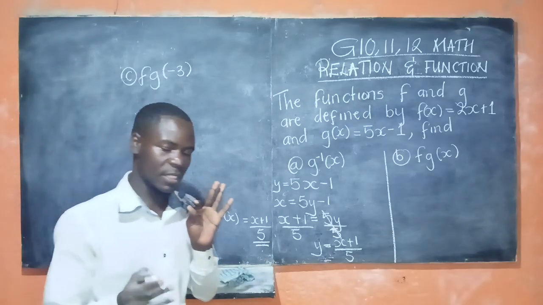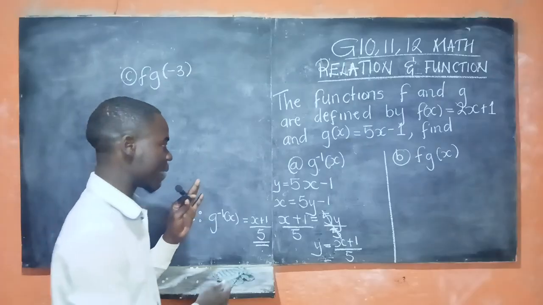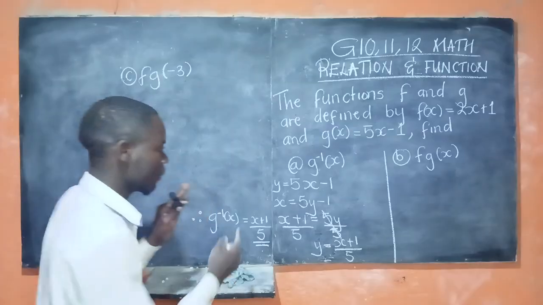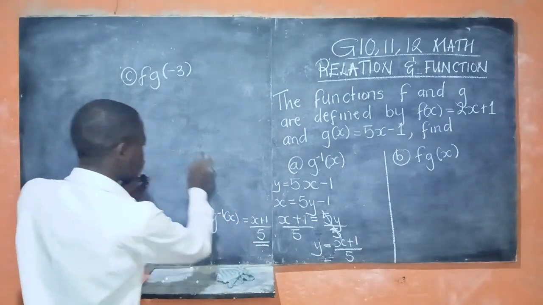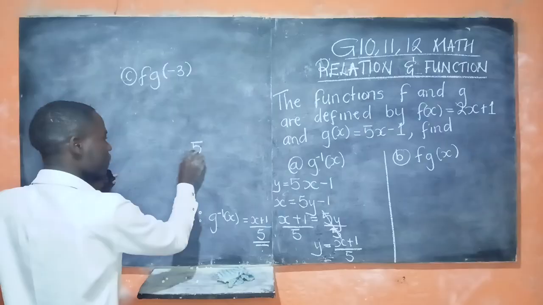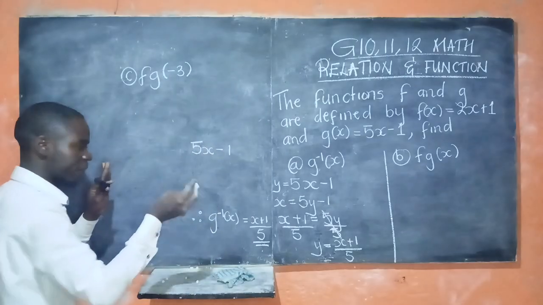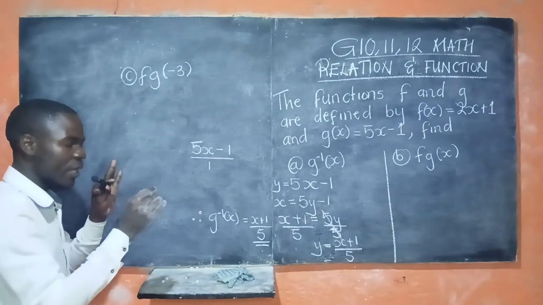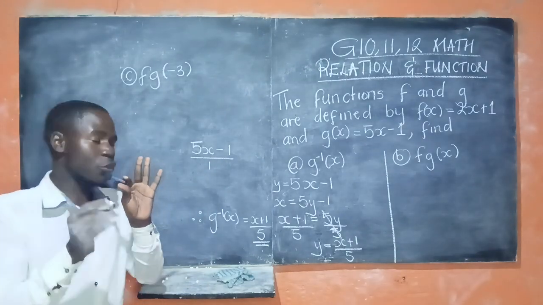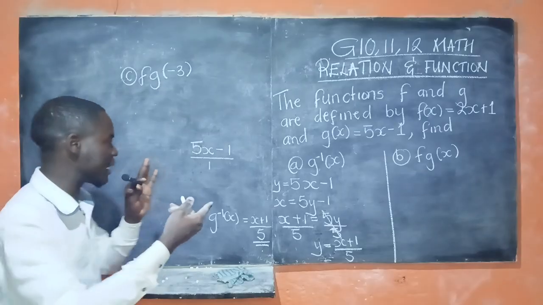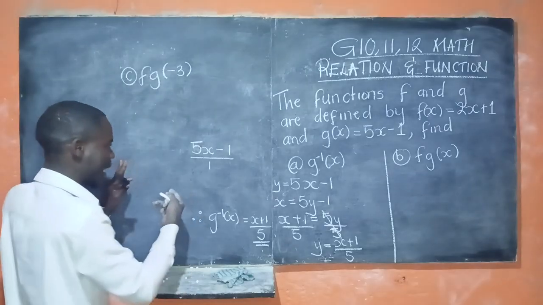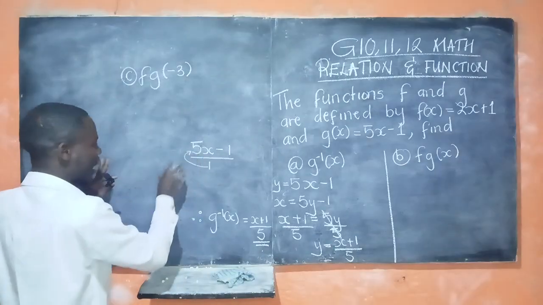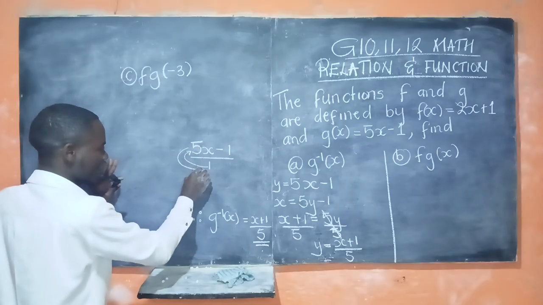Now listen to this. If you don't want to waste much time, since this one is provided 1 mark, you just need to do this. We are given 5x minus 1 and want to find the inverse. Just say divided by 1, because we are given respect to the numerator and the denominator. We reciprocate the two, so the denominator becomes the numerator and the numerator becomes the denominator.